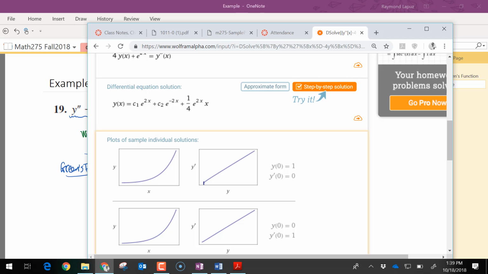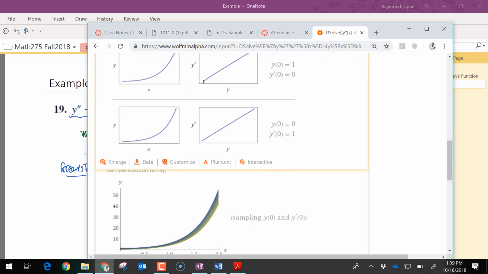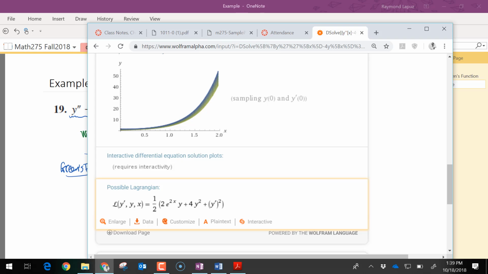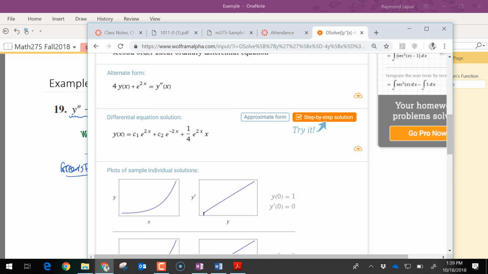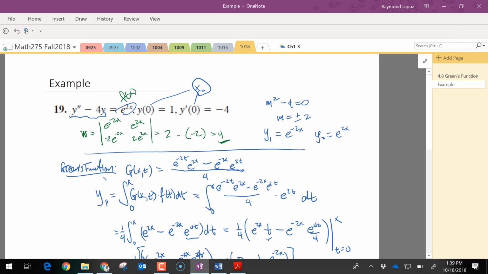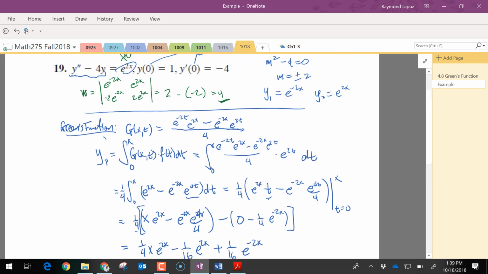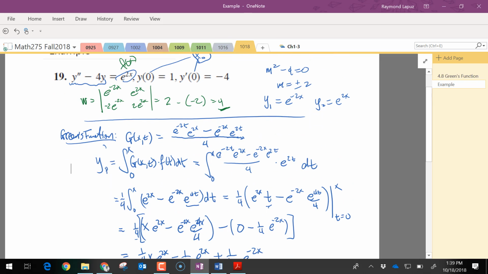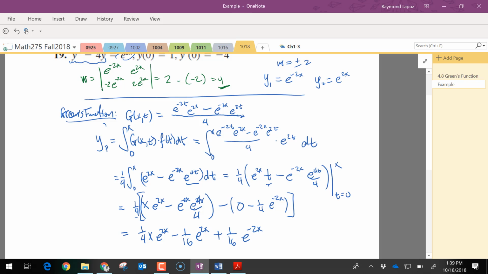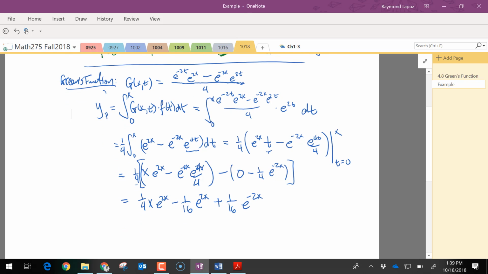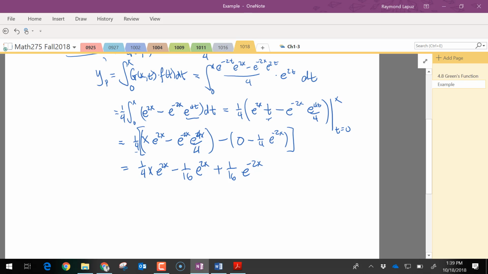Well, I don't know what happened. Oh, we see the 1/4 x e to the 2x at least. But the C1 and C2, according to what we got, it's negative 1/16 and positive 1/16. I don't know why they didn't show the... Oh well, that's close enough.